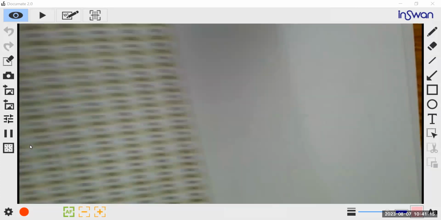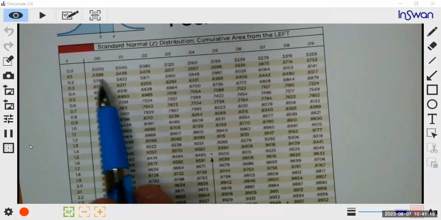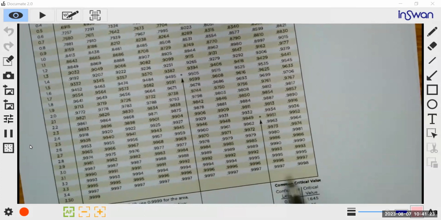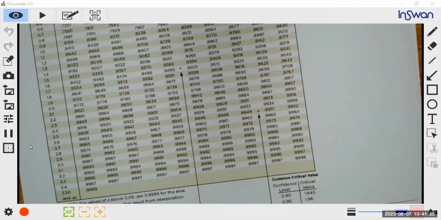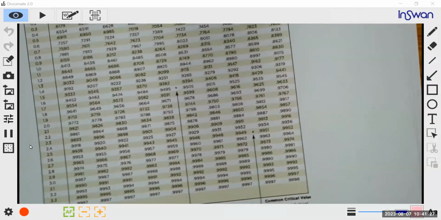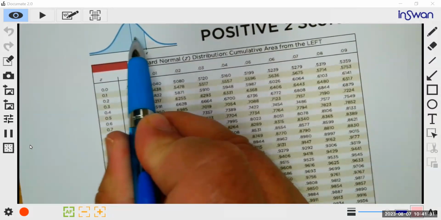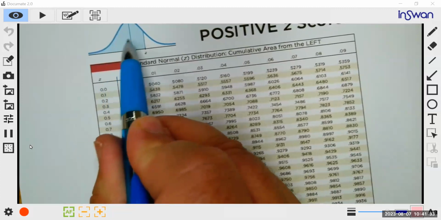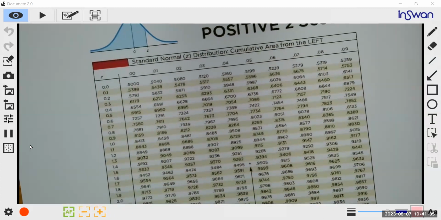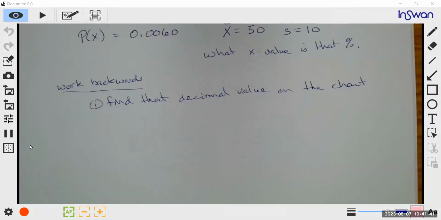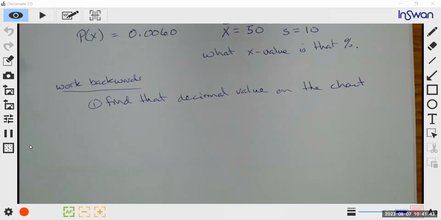The positive chart, since it has more area to cover, starts off at 0.5 and goes all the way up to 0.9999. If you have a very large number, this area plus 0.5 is automatically going to be bigger than 0.5. Since this is a small number, we know we have a negative value. It's going to be to the left of the mean.